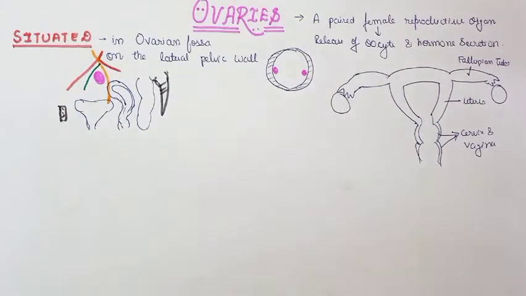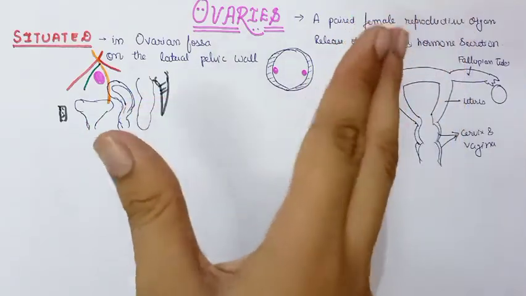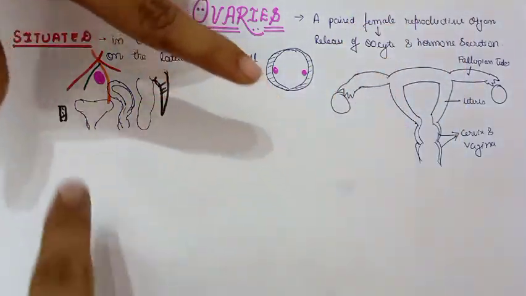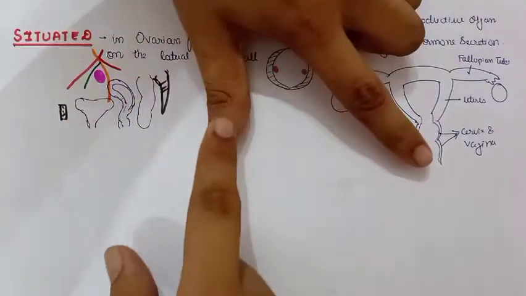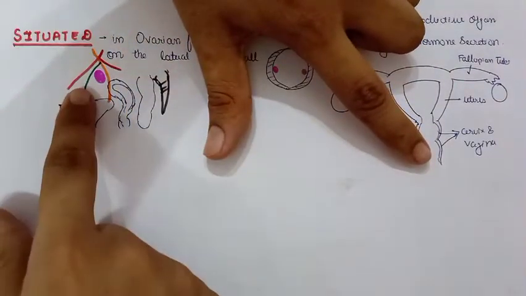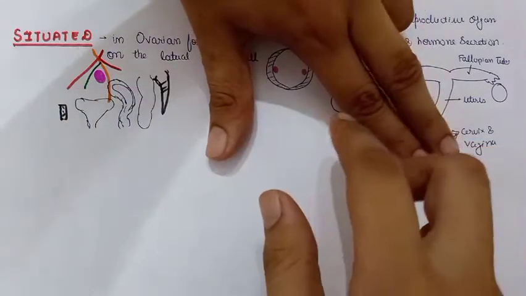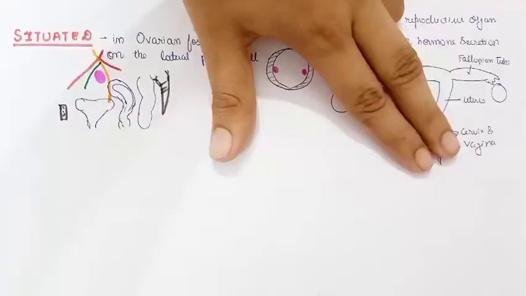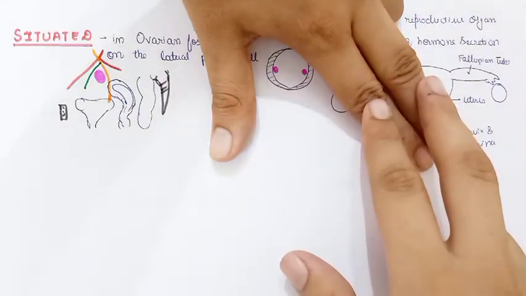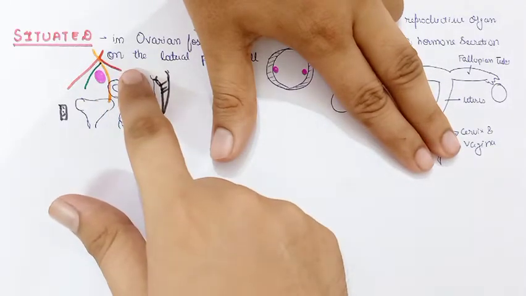So I hope you can orient yourself to the anterior and the posterior boundary. I told you the ovarian fossa looks like this. So suppose this is the ovarian fossa over here. We have one structure for the anterior boundary, that is the obliterated umbilical artery, and two structures for the posterior boundary, one is the ureter and the second is the internal iliac artery.